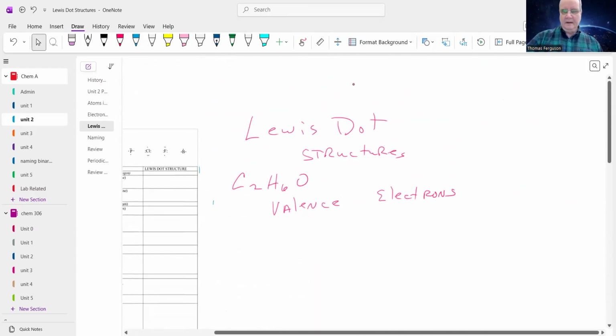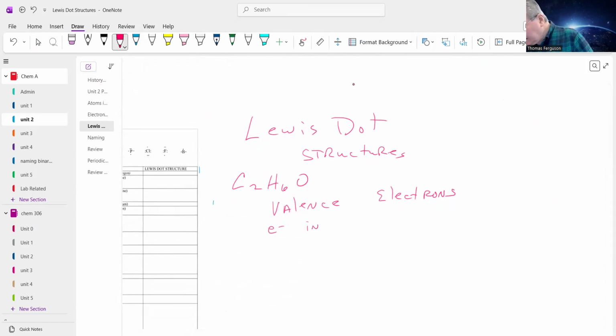All right. Okay, valence electrons are the electrons in the outermost orbital, because those are the ones that do all the chemistry. The ones on the inner orbitals are called core electrons, and those do not do the chemistry.